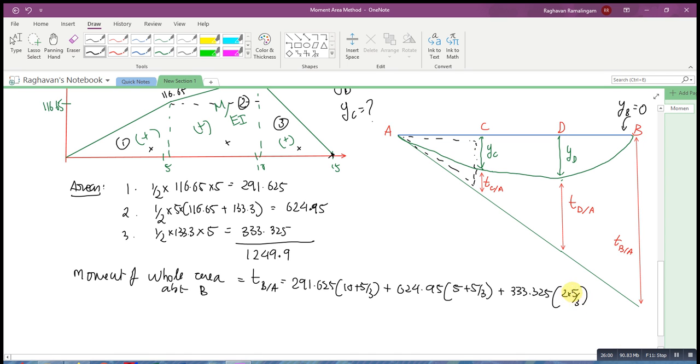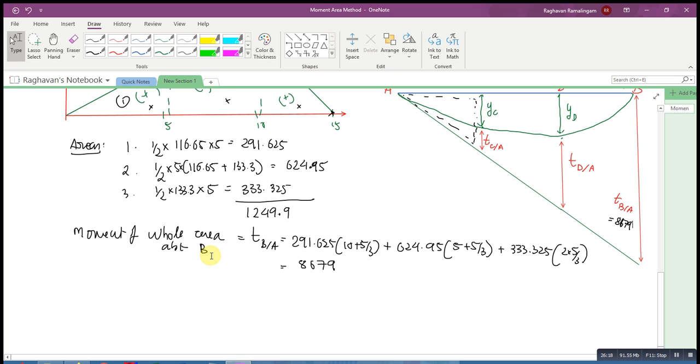Okay, these are all just locations of centroids, so just verify them. So this whole thing gives me 8679. So TBA is equal to 8679.